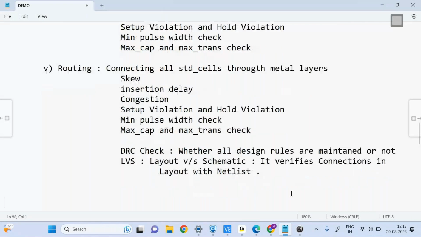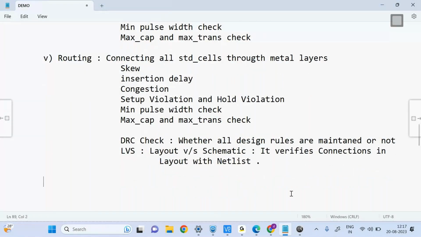Now everything is not completed, right? Again your block will go to sign off checks. Sign off checks means it will go first for the IR drop check. They'll use a separate tool again.